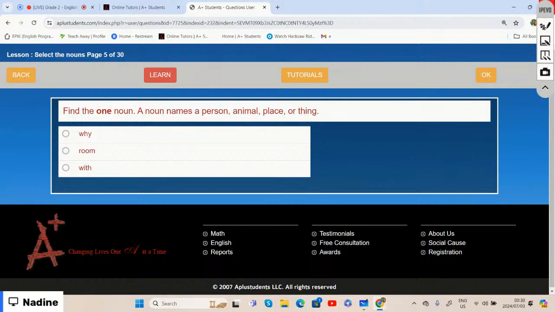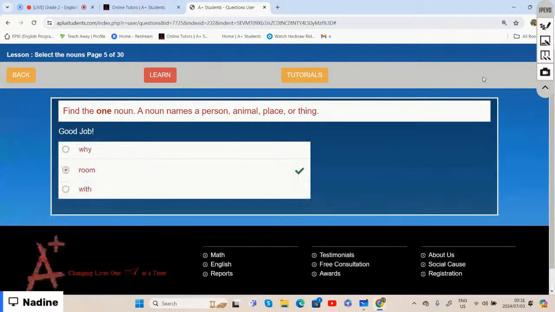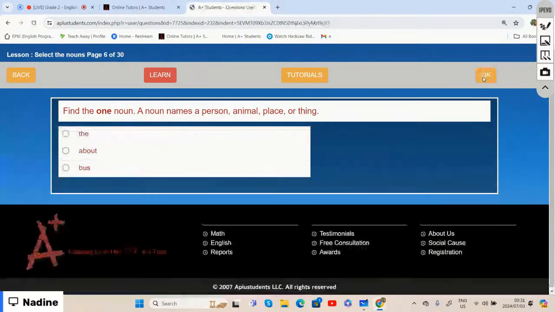All right. And if we were to choose the correct option, then we would say option two is correct, right? So well done. Room names a specific place, right? It's in the room. It states where the place is, right?